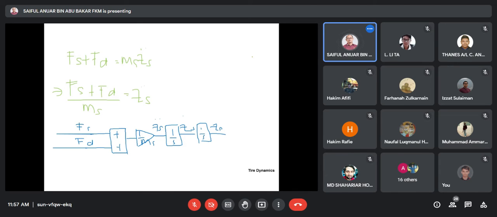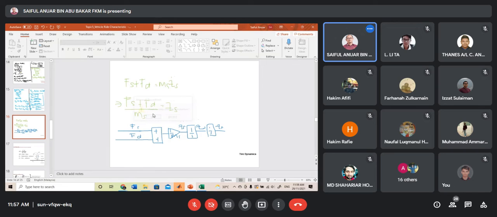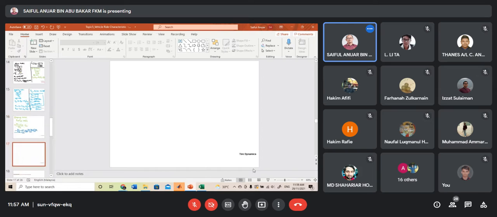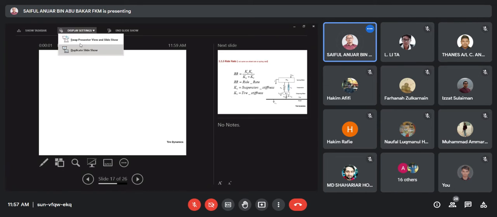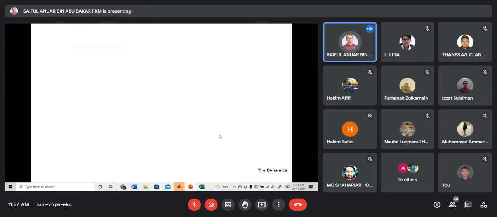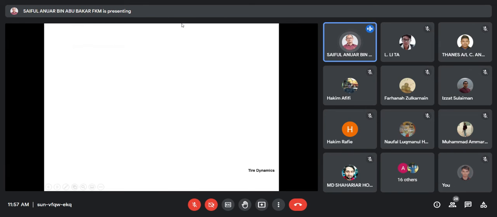This is the first equation of our sprung mass. Now we're going to take a look at the second equation. We're going to convert that equation into the Simulink block.